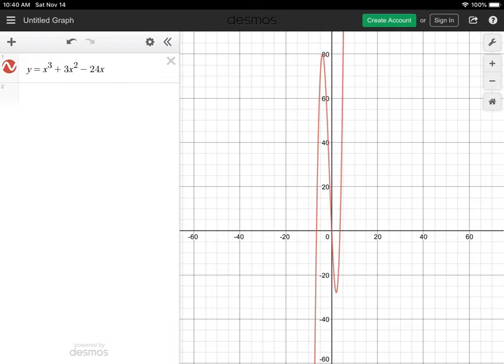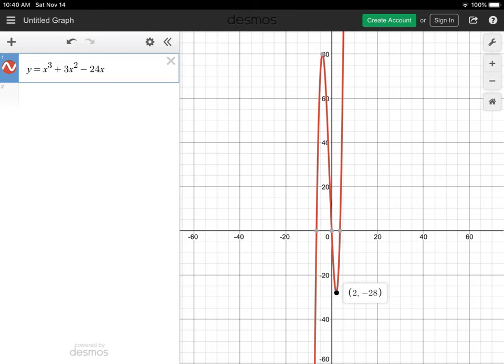So here's our relative min here. And our relative max would be up here. Now, if you actually put your cursor on that point, it will tell you that point.